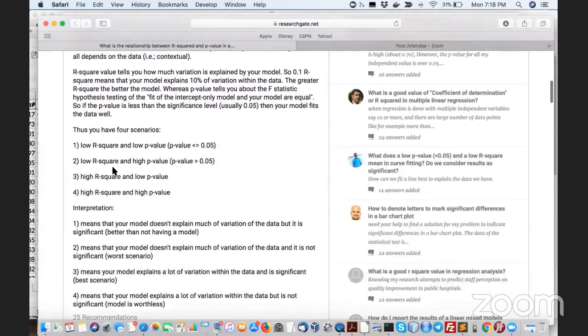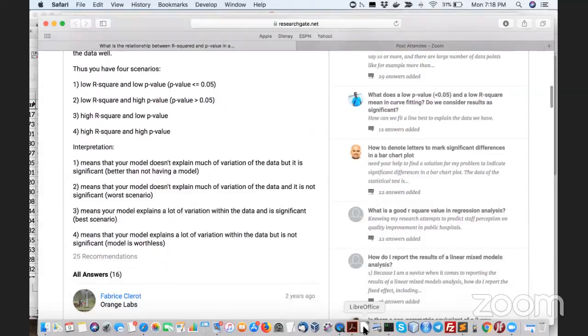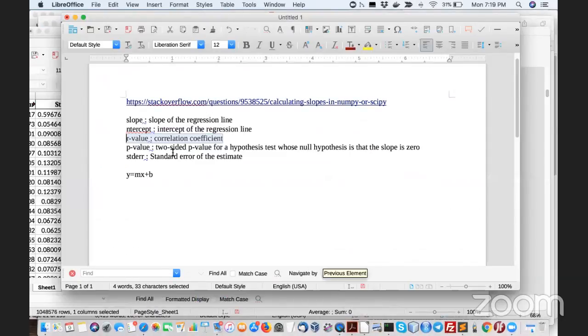If you have, let's say, a high p-value and a low p-value, how do you interpret that and what does it mean? Is there any validity in the relationship of the regression line? That's what it means from a mathematical standpoint. The p-value is a two-sided p-value for a hypothesis test, with the null hypothesis being that the slope is 0.